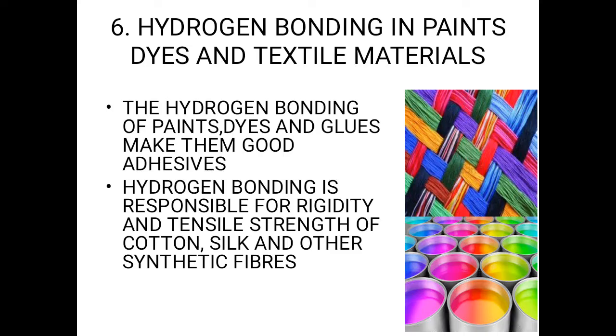The sixth application is very fascinating. Cotton, silk, and other synthetic fibers are very rigid and tough, and their strength is due to the unique hydrogen bonding. And when we use glues, dyes, paints, and emulsions on walls or furniture, they stick to it.